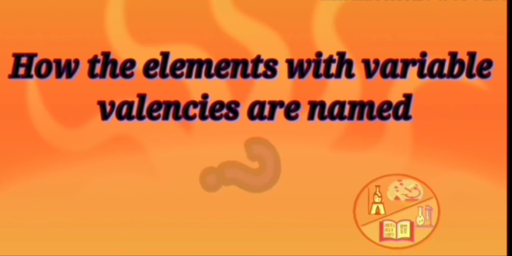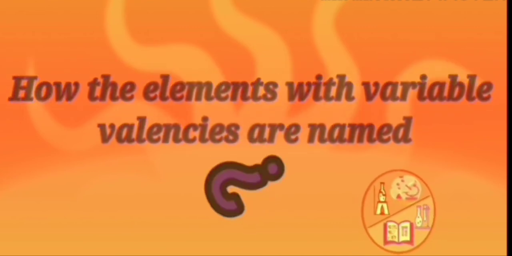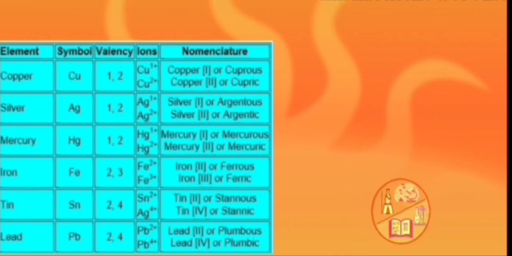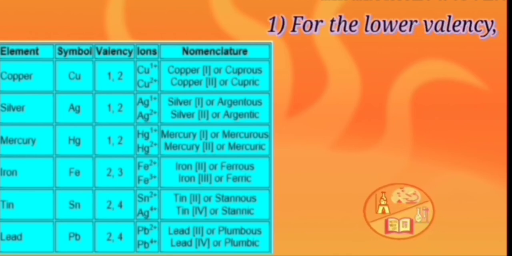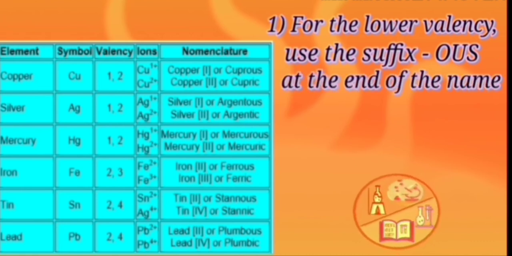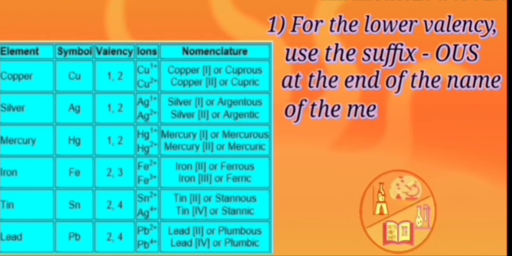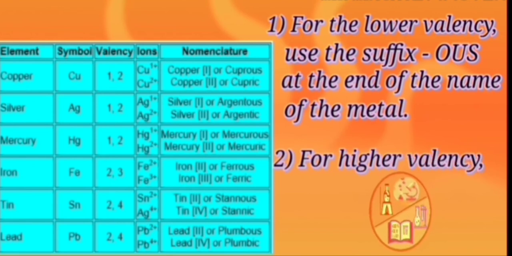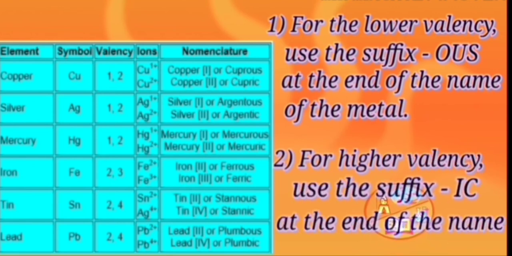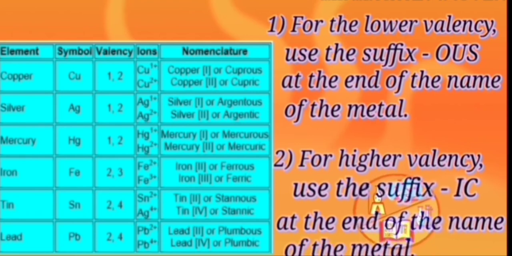How are the elements with variable valencies named? Here is a list of elements showing variable valency. If an element exhibits two different positive valencies, then for the lower valency use the suffix OUS at the end of the name of the metal. For higher valency, use the suffix IC at the end of the name of the metal.